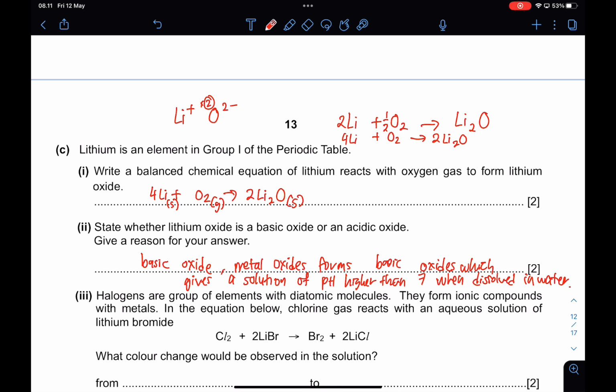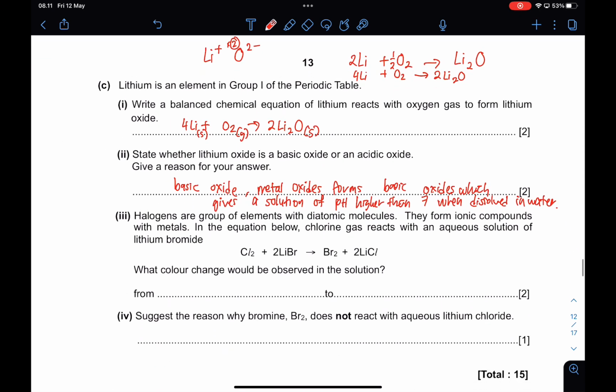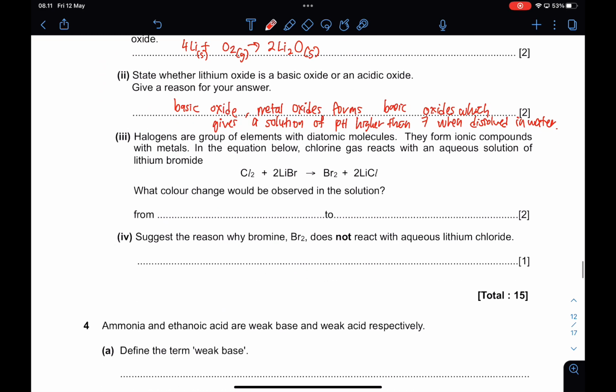I think that will be complete. Why do we call it acidic oxide or basic oxide? When you add water, for a basic oxide, the pH is going to be more than 7.